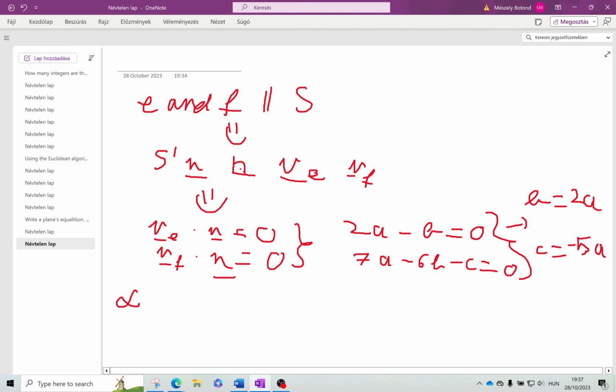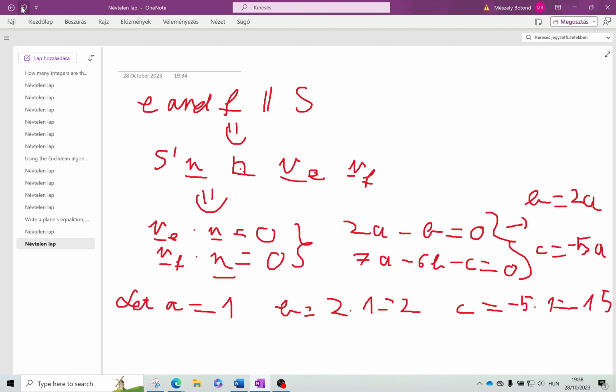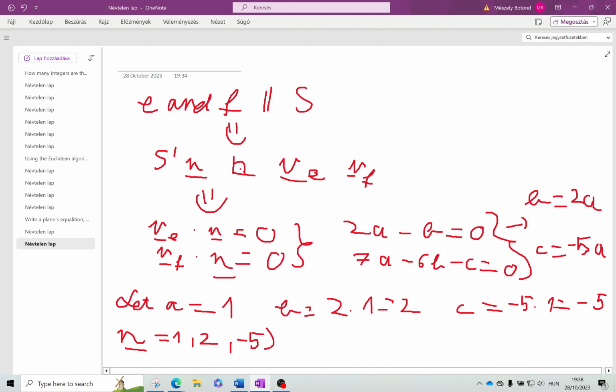So let's say a equals 1, then b equals 2 times 1 equals 2, and c equals minus 5 times 1 equals minus 5. So n will be (1, 2, minus 5). This is one of the possible normal vectors.